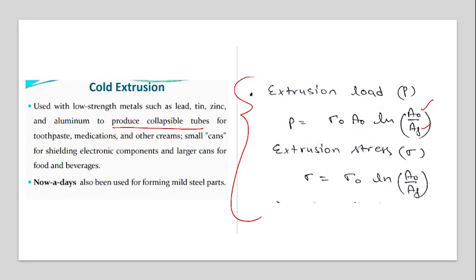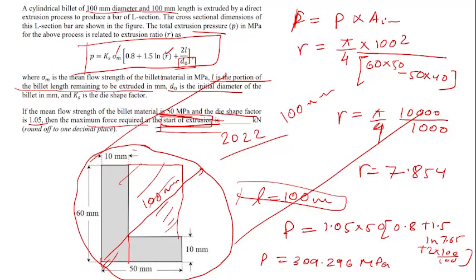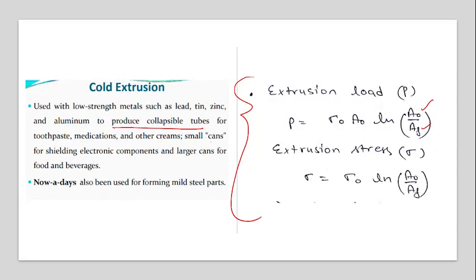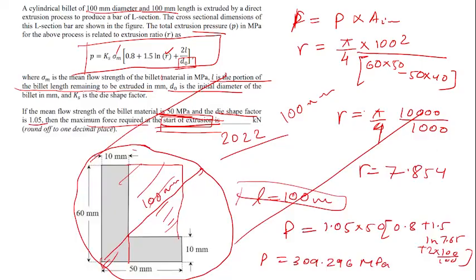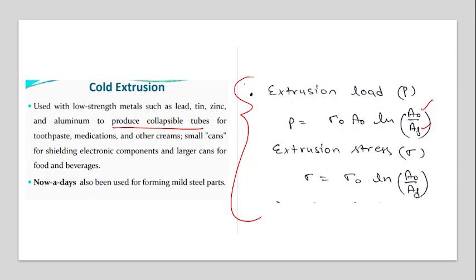You should also remember these two formulas. Suppose they have not mentioned the relationship. Here they have mentioned the pressure relationship, right? If it is not given, you take this as your formula. They have got this from this general formula only. Suppose they have given some stress relationship in your question, where the extrusion stress is related by some equation.